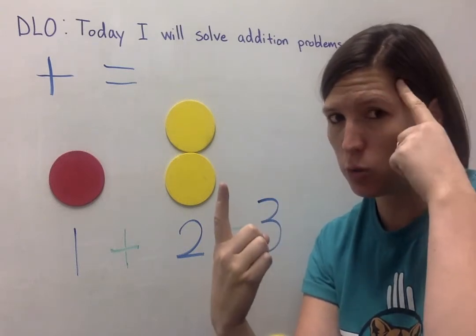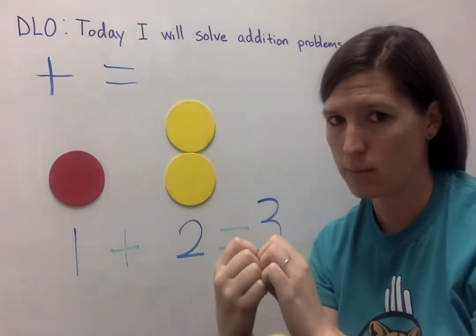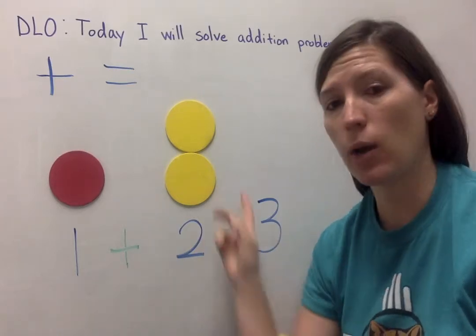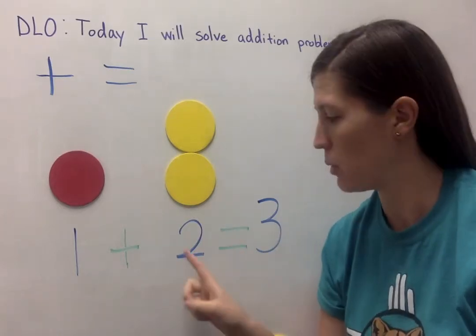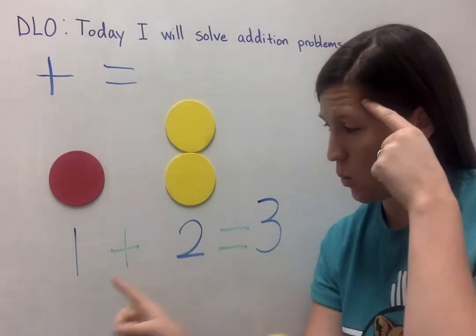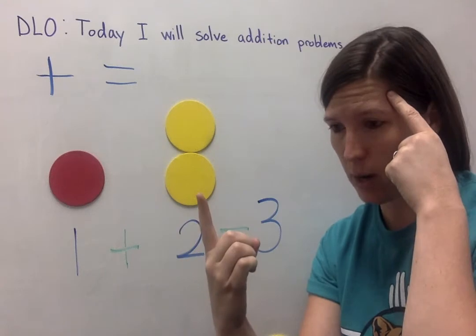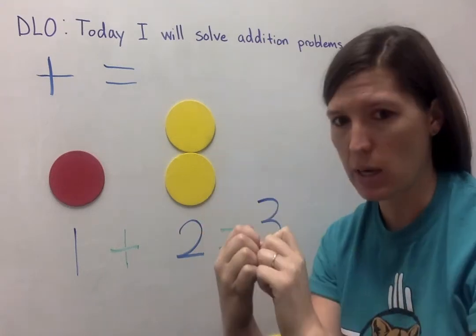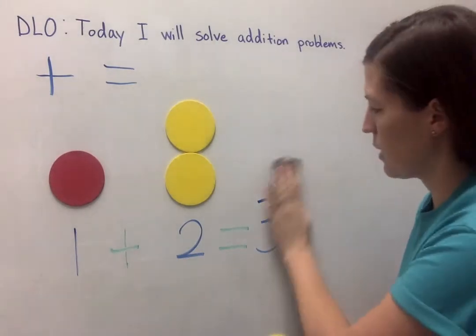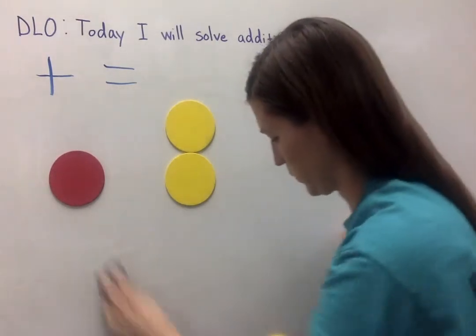Watch me. 2, 3. Let's try that again. 2 is my greater number here. I want to know how many I have all together. Let's count up. Put 2 in your head. Point to your head. 2 in your head. 1 in your hand. Let's count up. Ready? 2, 3. What's my sum? 3. Good. I think I've got time to do a few more examples with you.